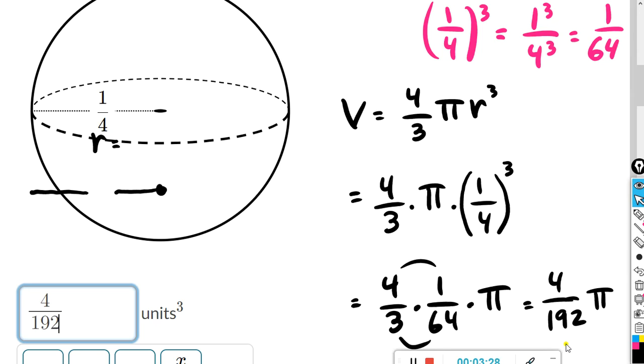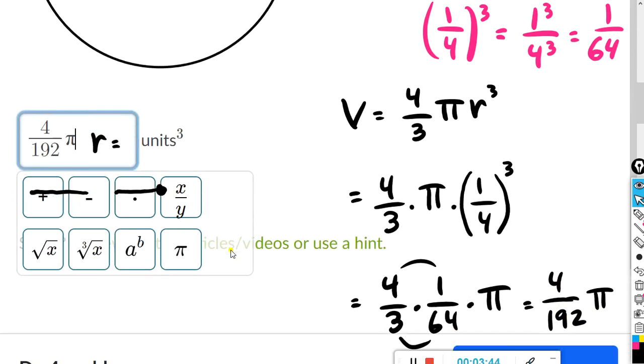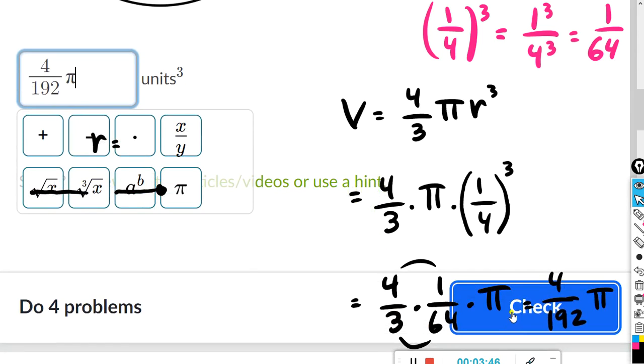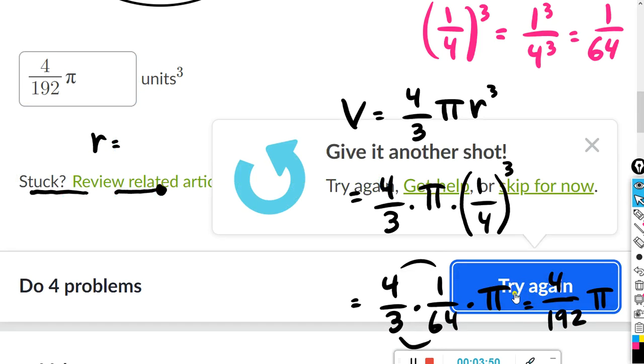Then I'm going to click the right arrow key because I don't want to type pi in the denominator. So I'm going to type pi for pi, and it gives the pi symbol, or you can just click on the pi symbol. But I have 4 divided by 192 times pi in the box. Let's see. Okay, so far it didn't take it, so let's see if I reduce it.